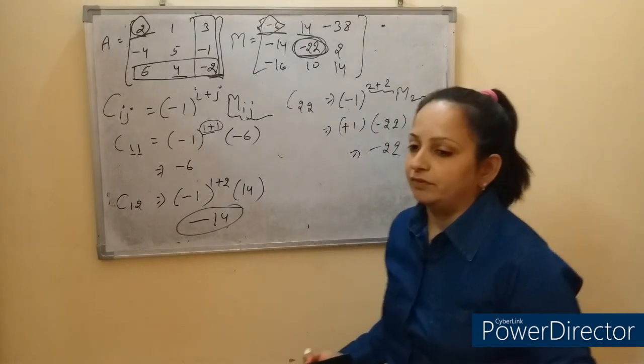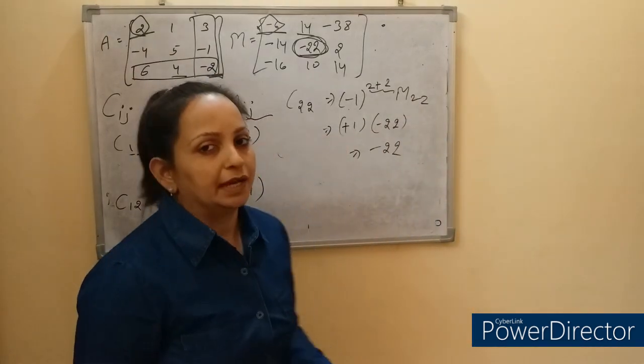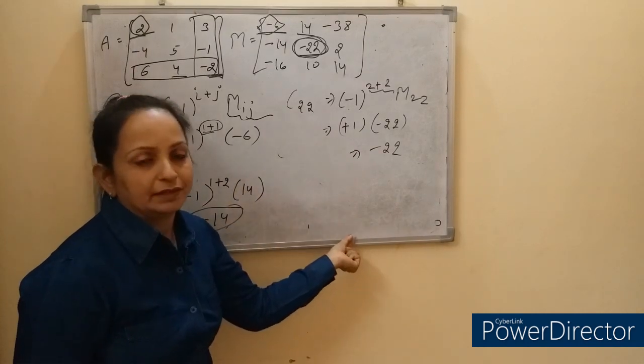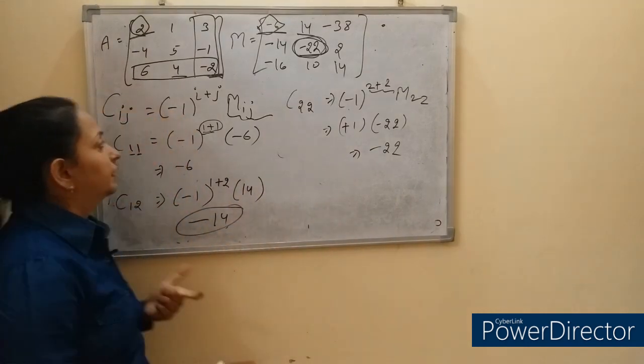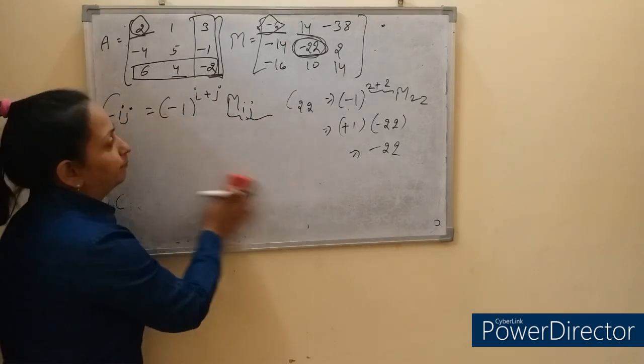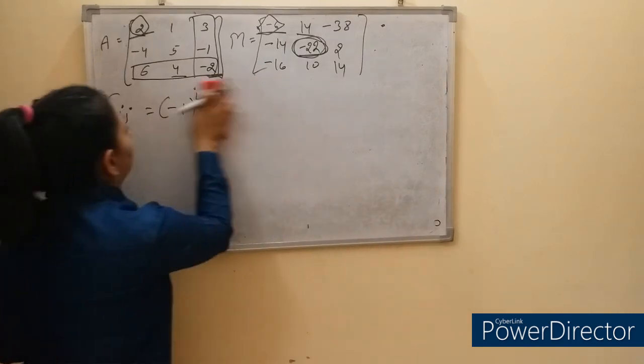But when you are solving a lengthy question, if you don't have time to put in the formula and find each and every cofactor, I will give you a short trick in which you can find the cofactor from the minors within seconds. Now what's that?